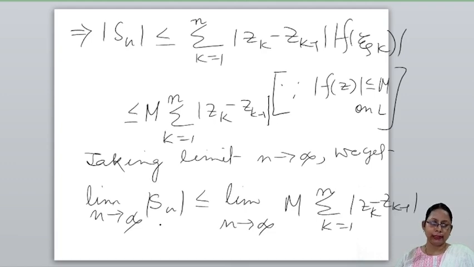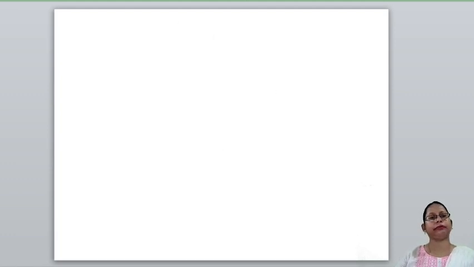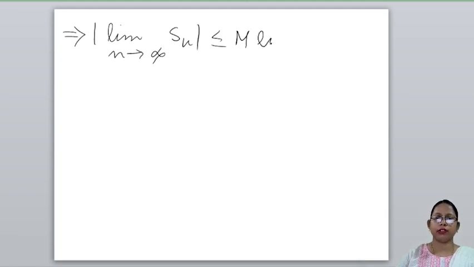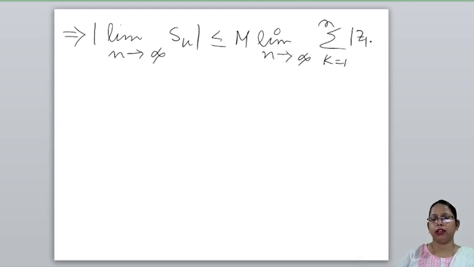Since modulus is a continuous function, we can take the limit inside the modulus. Since M is a constant, it can be taken outside the limit as n tends to infinity.